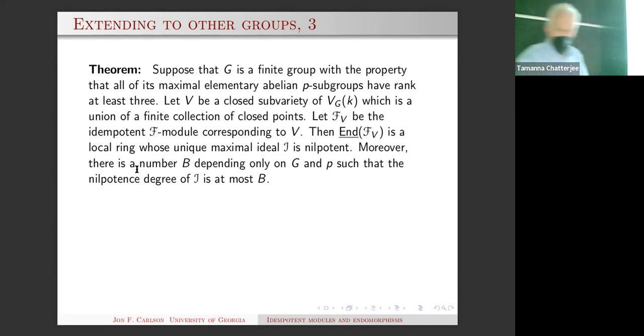If you've got enough of them, and enough of them means that there's this number B depending only on G and P that will guarantee that.